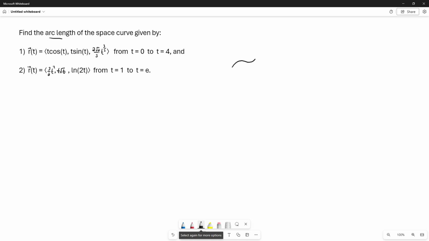So if we have a space curve parameterized by time t going from a to b, and this is a curve r of t given by position vectors, then the arc length is given by the formula integral a to b of the magnitude of r prime of t dt.